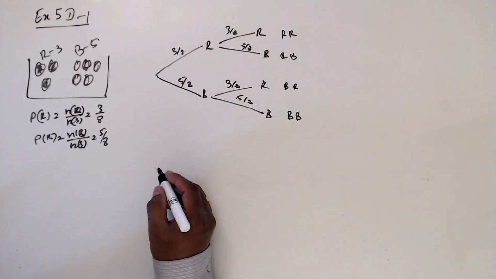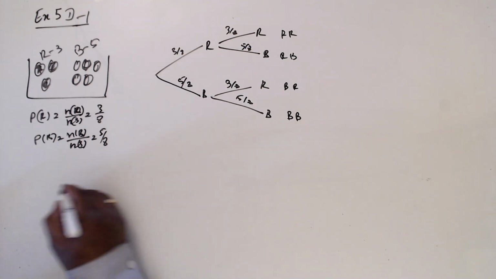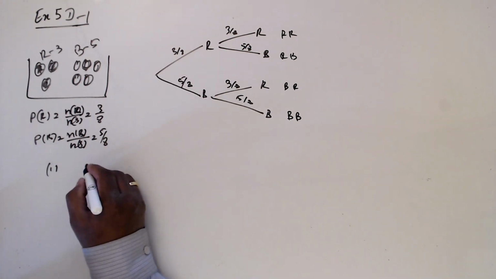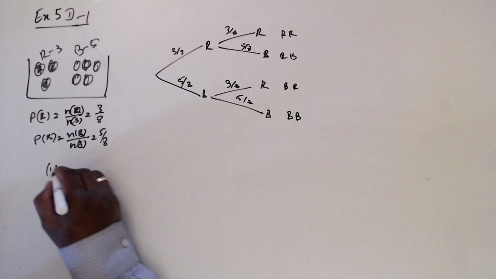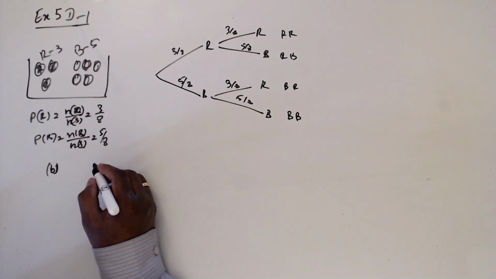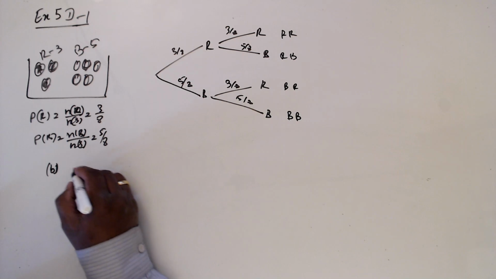Now the first question is, part B, find the probability that both beads are blue.